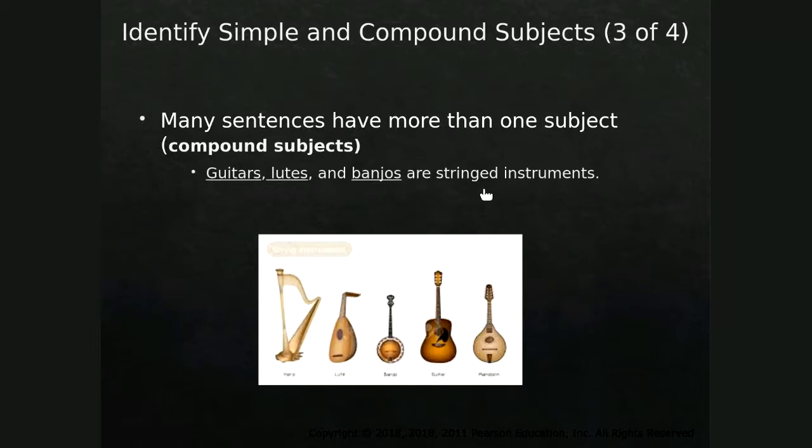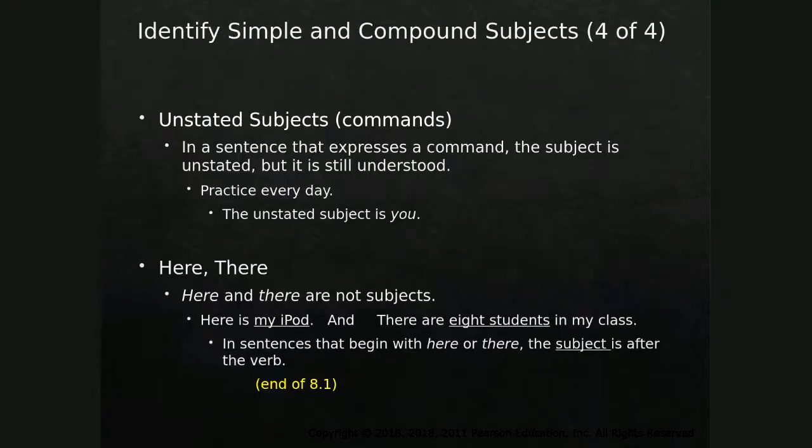Tired has "ed," but it's not in the past. I'm talking about now, right? So tired is not a conjugated verb. It's actually an adjective. Okay, we'll talk about those probably later. Let's go to the next one. We're almost done here.